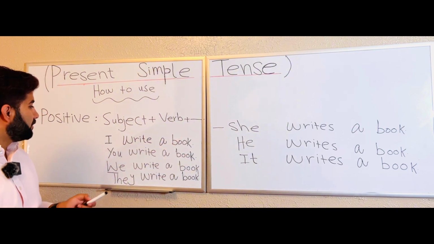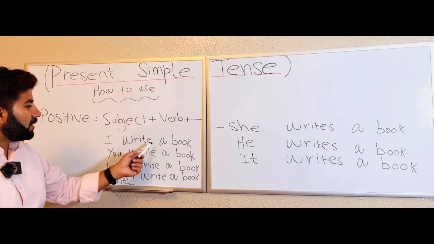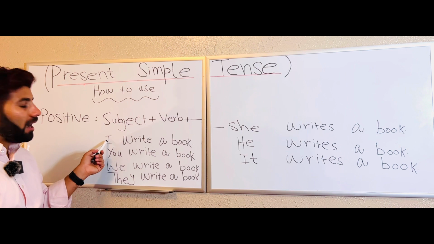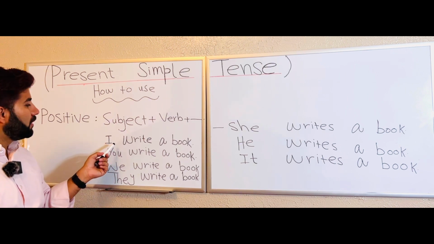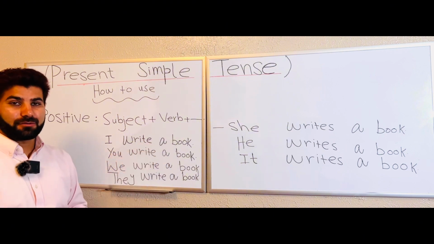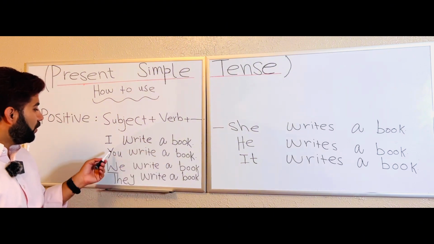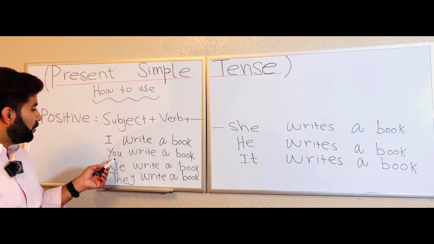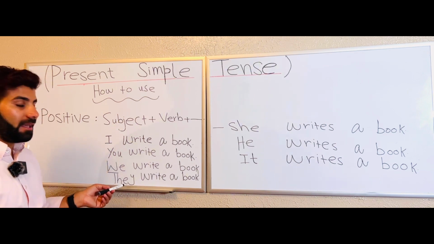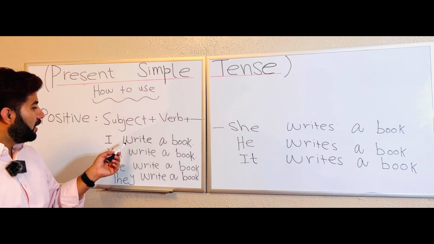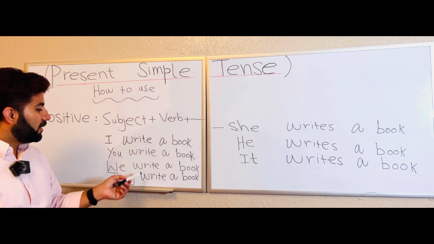For example, I write a book. In this sentence, I is the subject, write is the verb, and a book is extra information. You, I, we, they: these are all called subjects. And write is the verb.